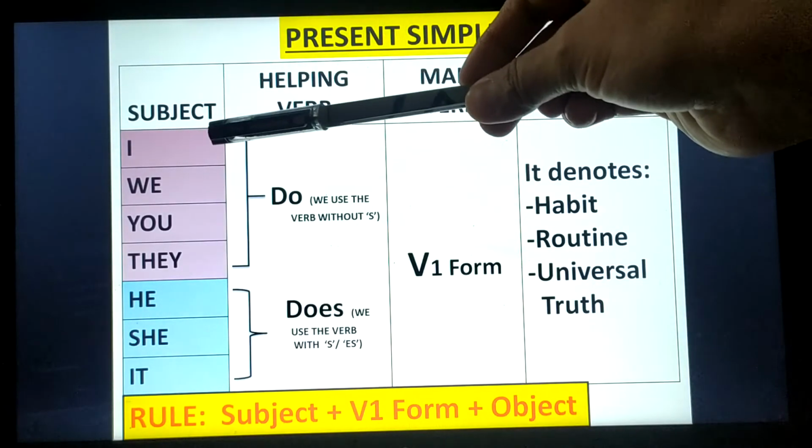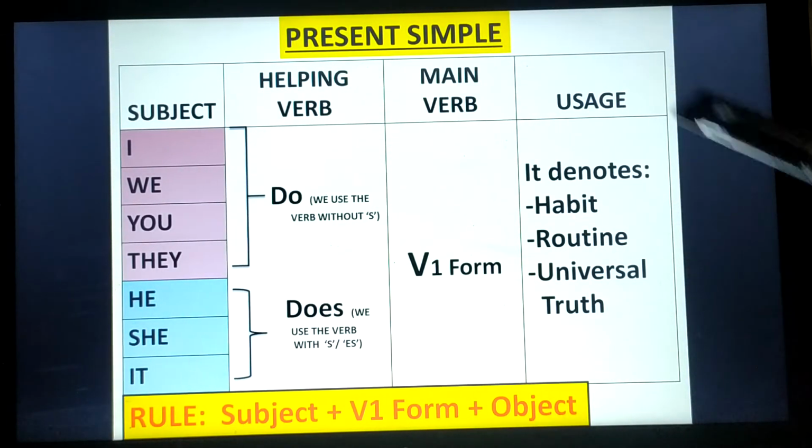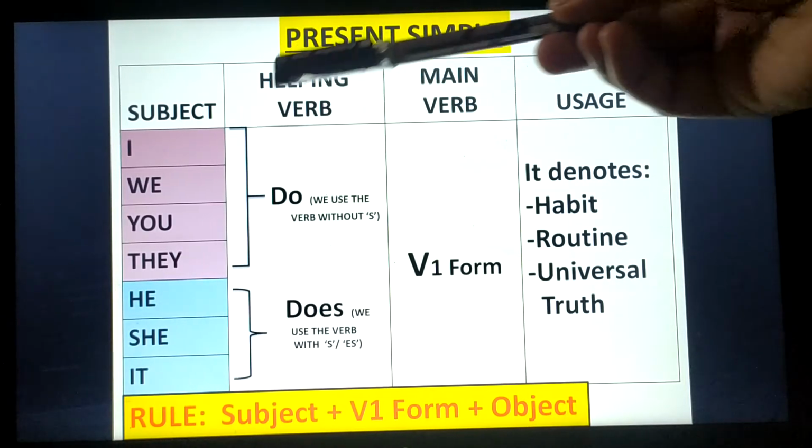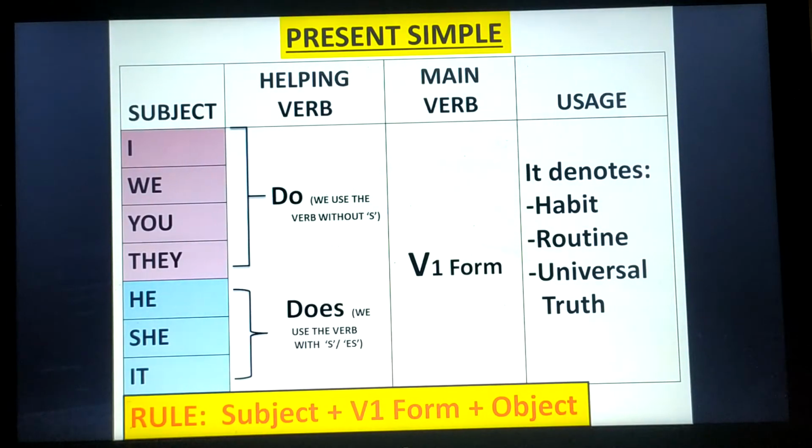For subjects I, we, you, they, we use helping verb do in case of negative and interrogative, and sometimes in affirmative also. We never use s along with the verb's first form here, right?